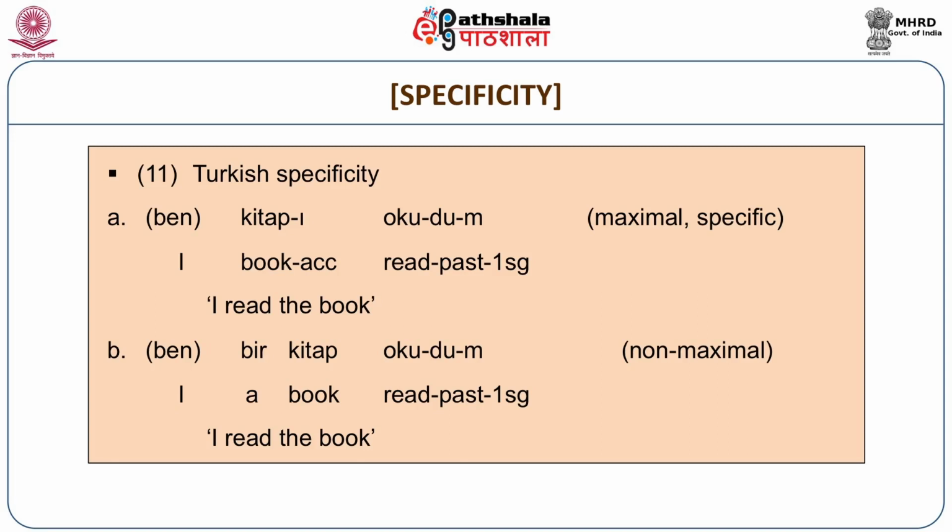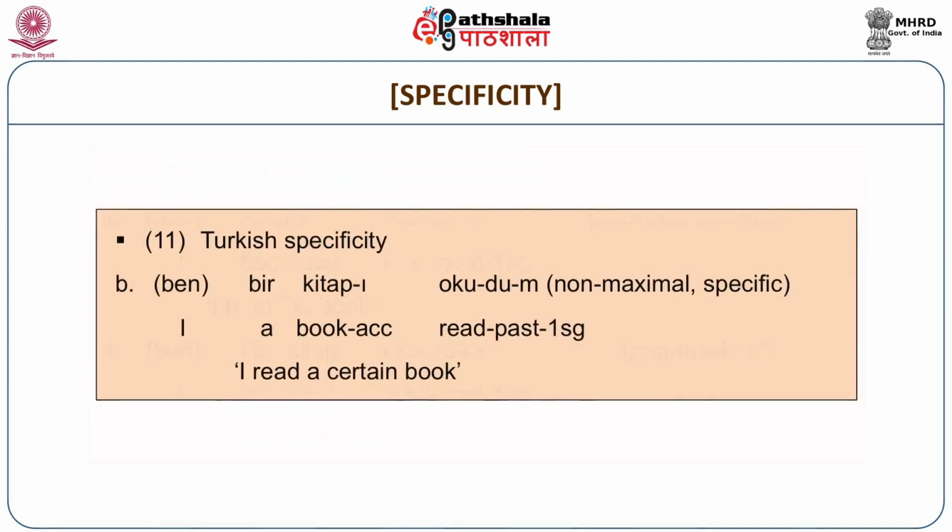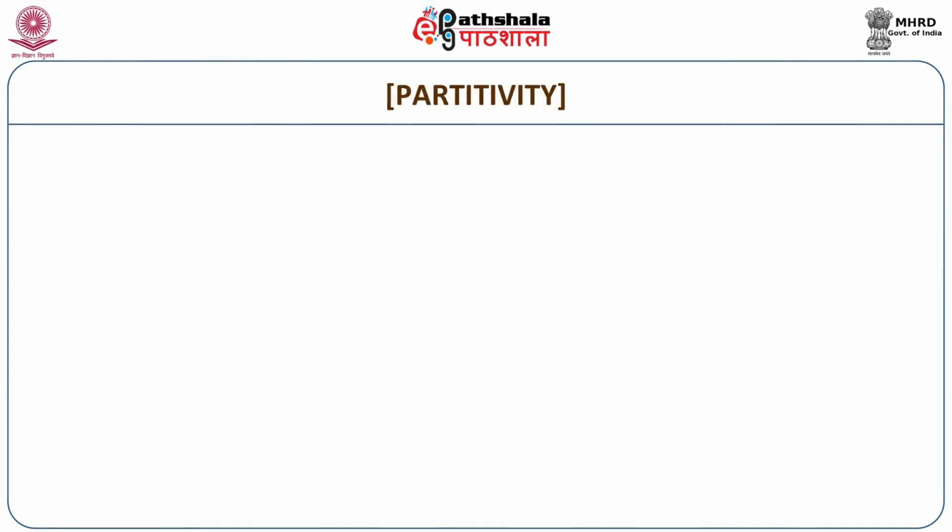When you use it with an indefinite article, it has a non-maximal reading. And when you use it with an indefinite article and an accusative case marking, then it has a non-maximal specific reading.